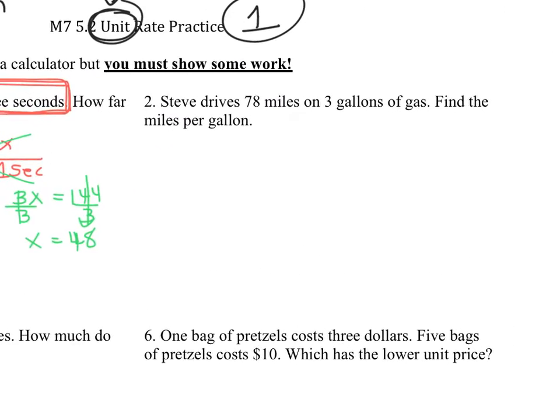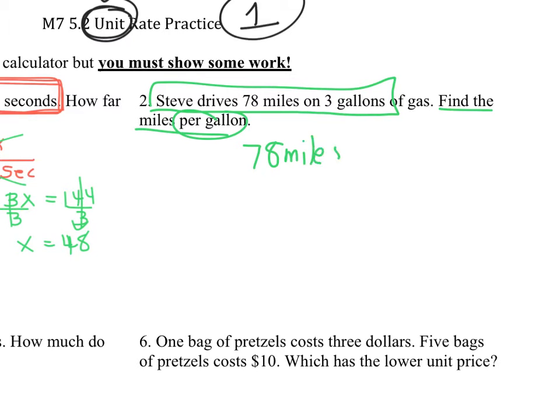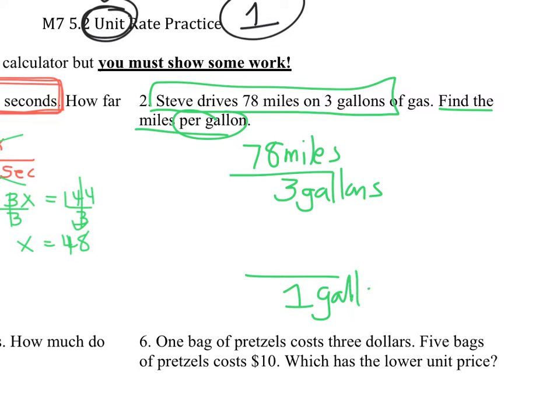So let's look at this one. Steve drives 78 miles on 3 gallons of gas. Find how many miles for 1 gallon. Okay, so I'm going to go 78 miles for 3 gallons. How much for 1 gallon?